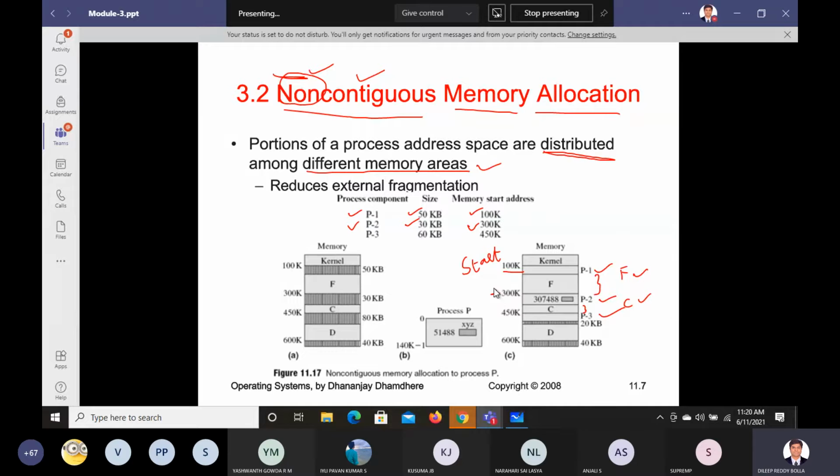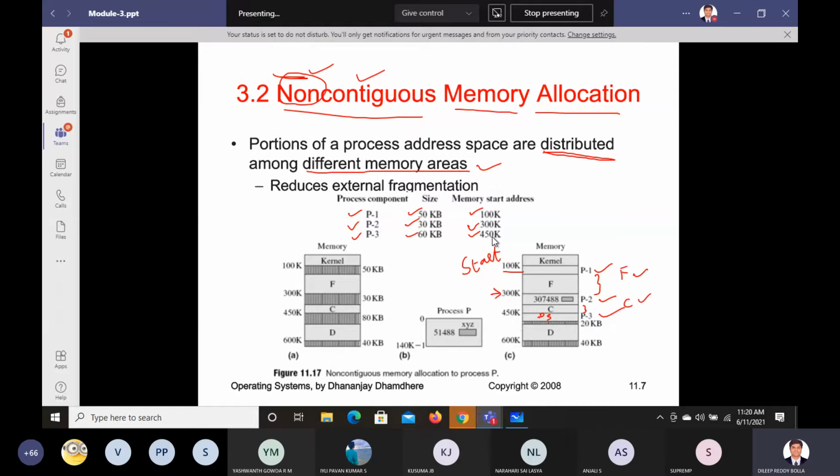This is the starting point of process P2. Similarly, process P3 requires 60 KB and its starting point is 450 KB. You can identify process P3 here, this one. So starting with 450 KB.